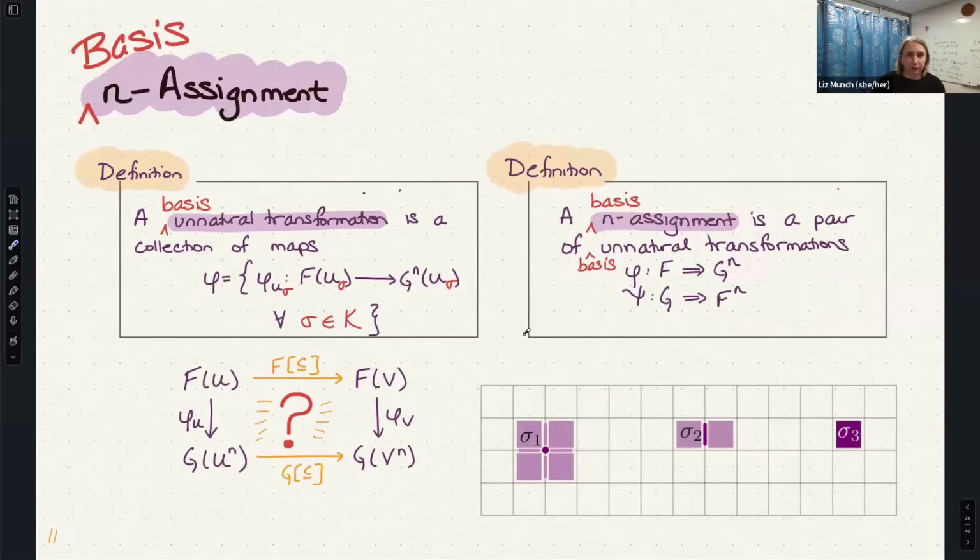All right. What I'm going to do is modify all of my definitions. Instead of an unnatural transformation, I'm going to be interested in basis unnatural transformations, where really what I mean is you just have to hand me a list of stuff over top of these basis open sets, right? So you could have handed me more open set information, and I don't particularly care because I'm going to ignore it in about a slide.